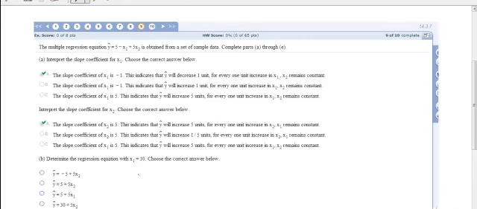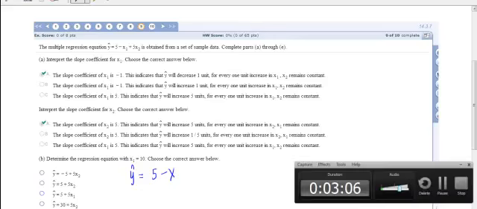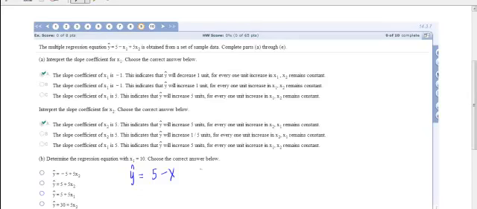So I'm going to rewrite my equation: y hat equals 5 minus x1 plus 5x2. And then we're going to substitute in 10 for x1.